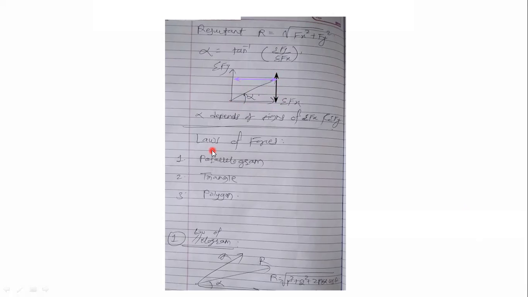Now after that, alpha depends on the signs of Fx and Fy. This is also important. Why is this important? Because if your Fx and Fy both are positive, then your resultant will lie in the first quadrant. If your Fx is negative and Fy is positive, then the resultant will lie in the second quadrant. If summation of Fx and summation of Fy both are negative, then your resultant will lie in the third quadrant.